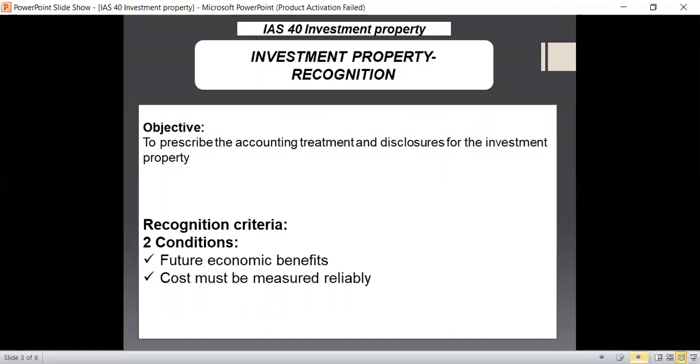If they are not being met, then we are not allowed by the standard to recognize them in our books of accounts. These two conditions are, number one, it is probable that the future economic benefits that are associated with the investment property will flow to the entity. And number two, the cost of the investment must be reliably measurable. And you can observe that this rule is similar to IAS 16, Property, Plant and Equipment, which we discussed earlier.